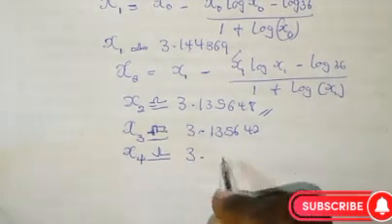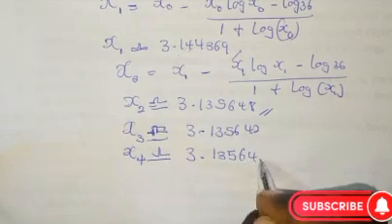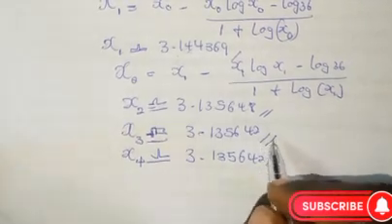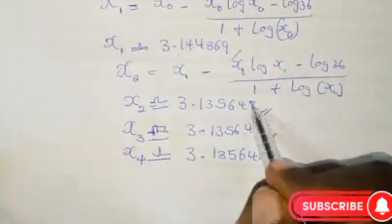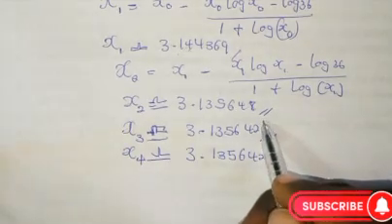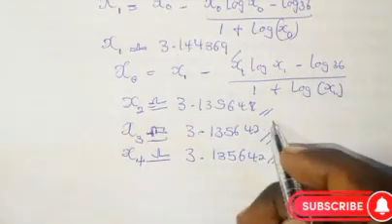But do you know what? Are we still going to continue doing it like this to infinity, or are we going to stop? Yes, we are going to stop. So if you want to stop, you stop when the difference between the previous approximation and the next one is very slim, or there's no difference at all.